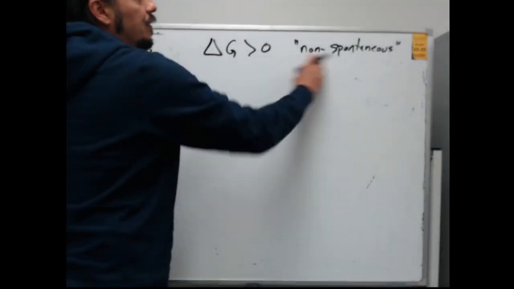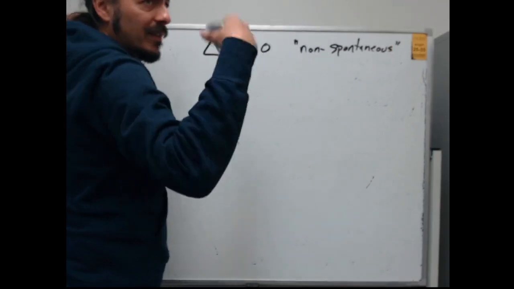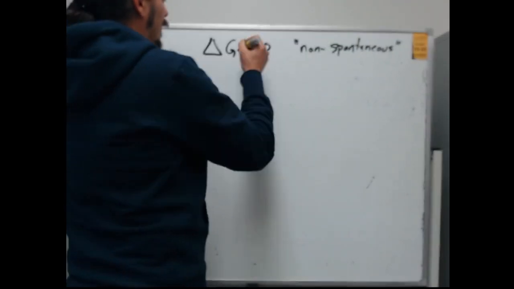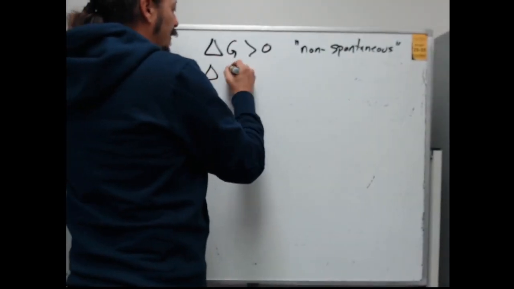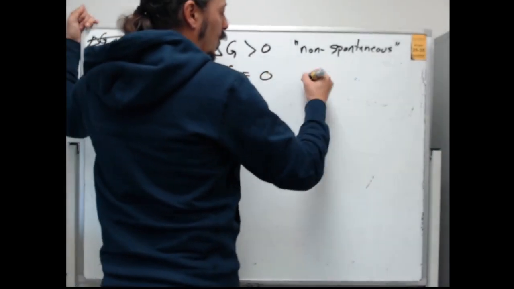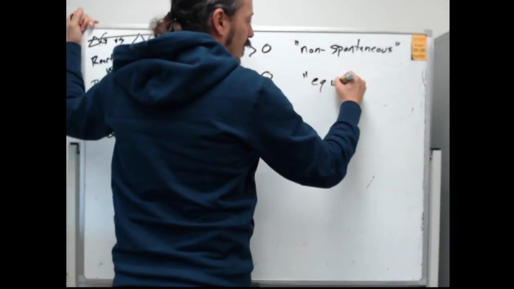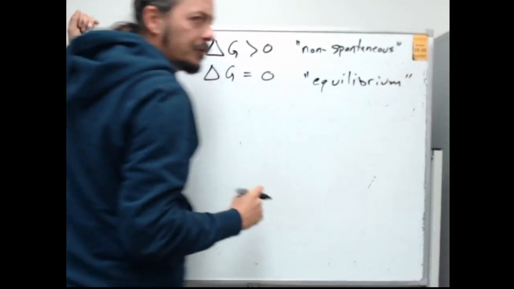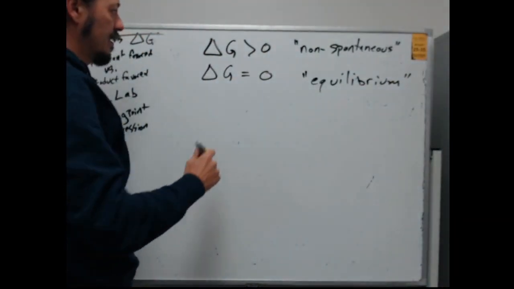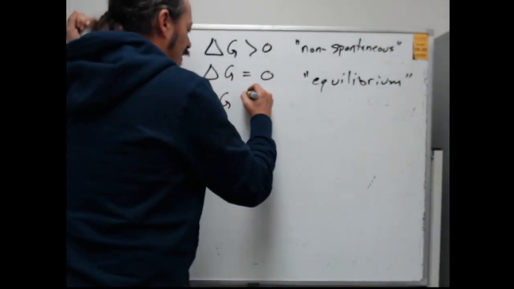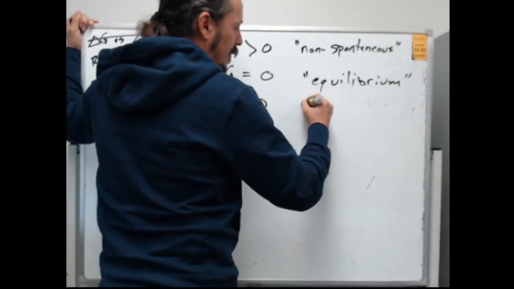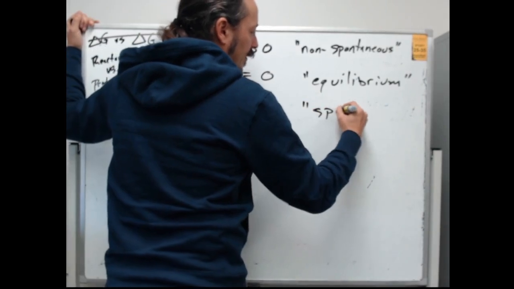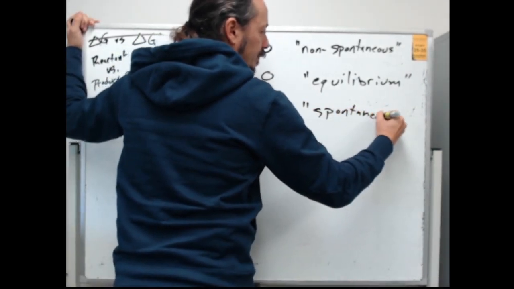Okay, so delta G greater than 0 is non-spontaneous, but hang on, grab a chair. Delta G equal to 0 would be kind of not changing, just static. And then delta G less than 0 would be spontaneous.